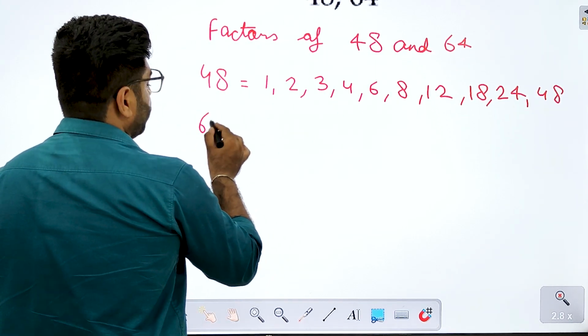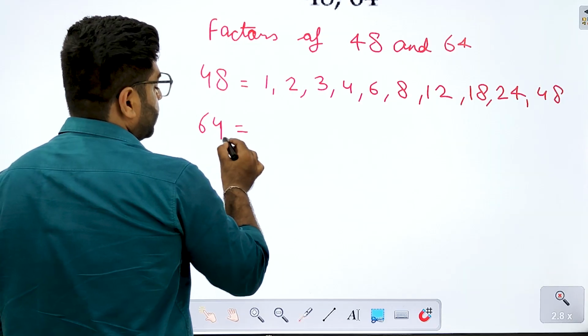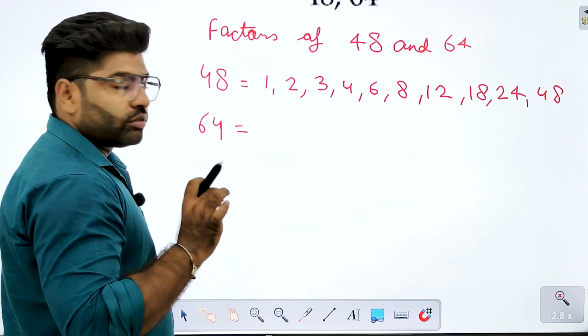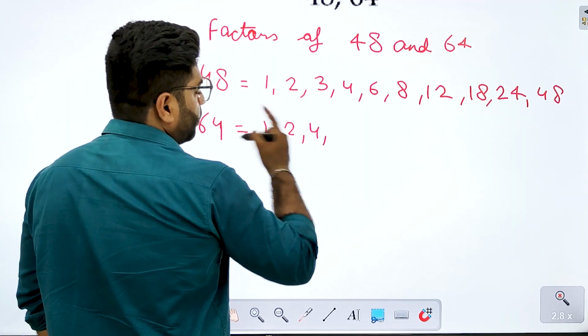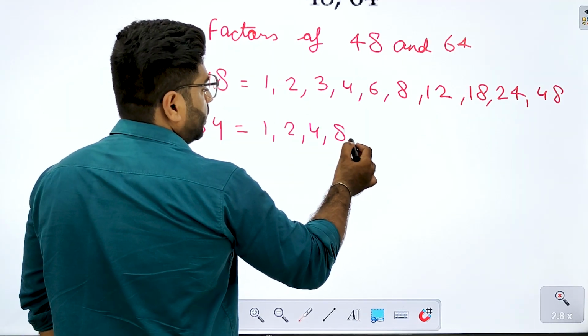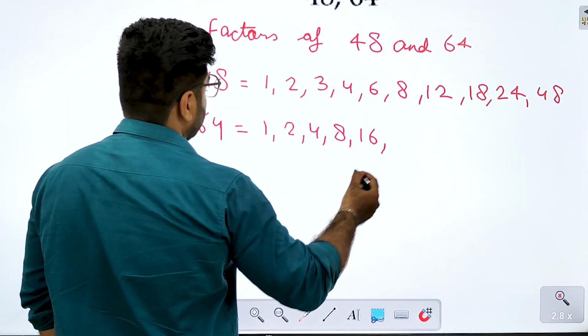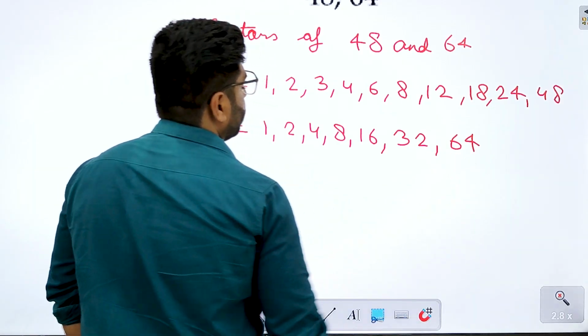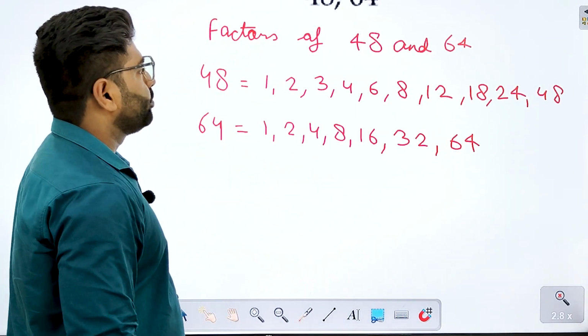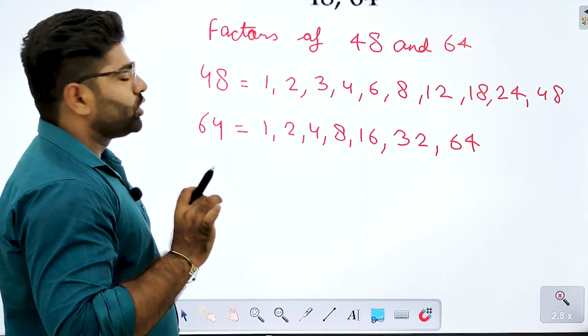Next we have 64. The factors of 64 are 1, 2, 4, 8, then 16, then 32, and then 64. So these are the factors of 64.